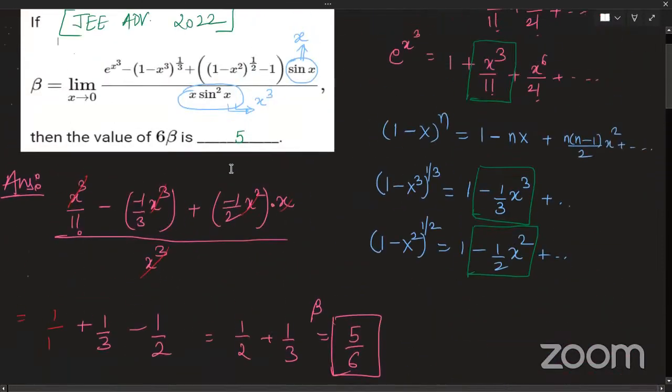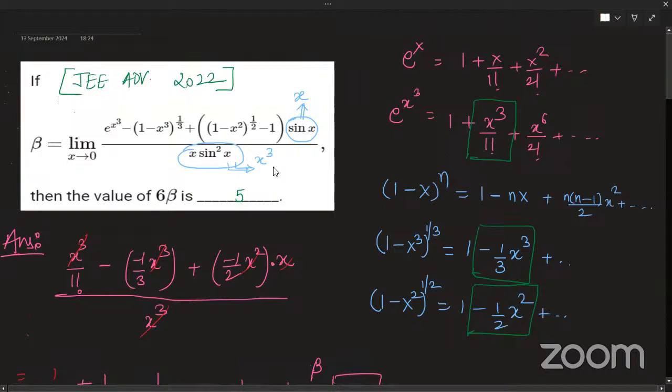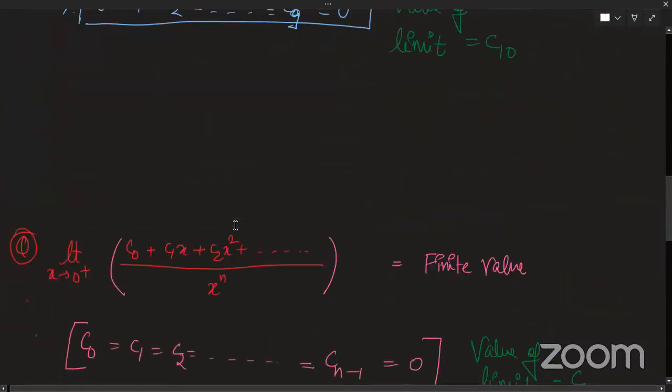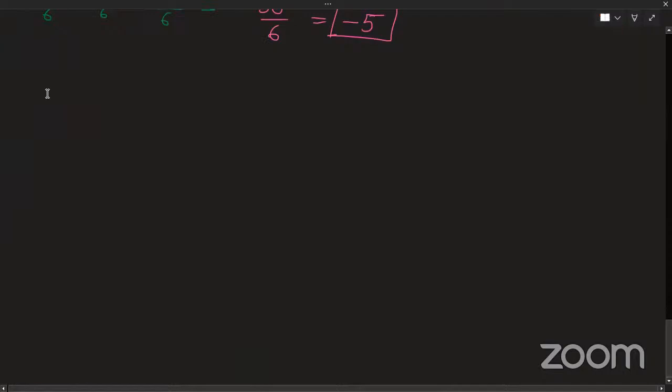So I look at exactly the power that is required. In the denominator, I saw that it is x cube, so I just calculated the coefficients of x cube. So I got this. Today we will be discussing one more concept.